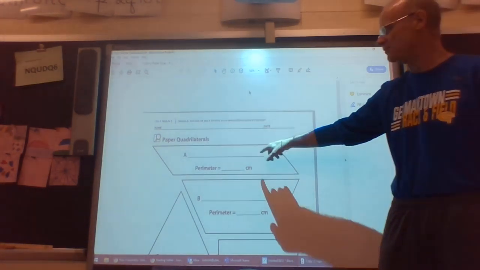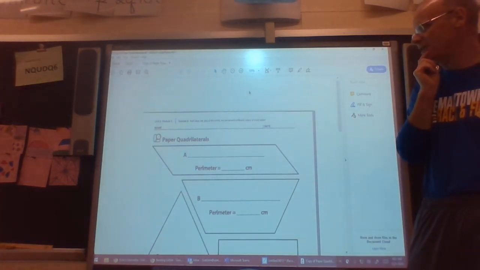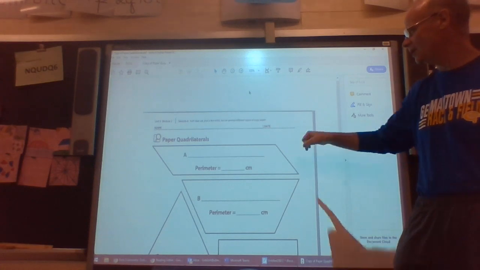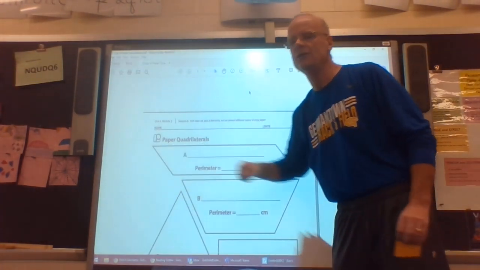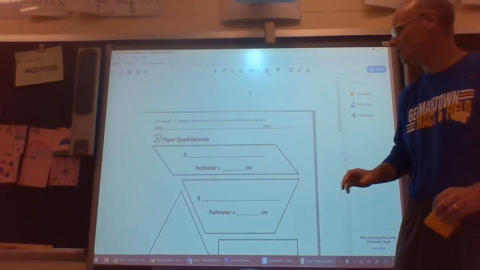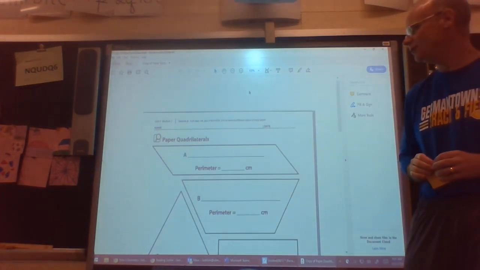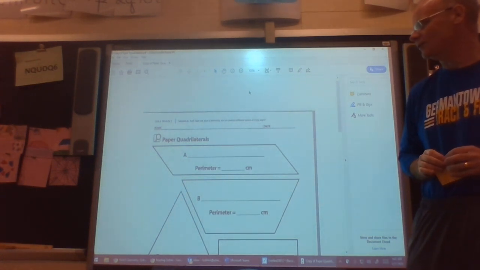So if I want to find the perimeter of this, I have to add 15 plus 15, which will give me 30, and 4 plus 4, which will give me 8. And when I finish, I'll end up with 38 centimeters for the perimeter of the parallelogram.